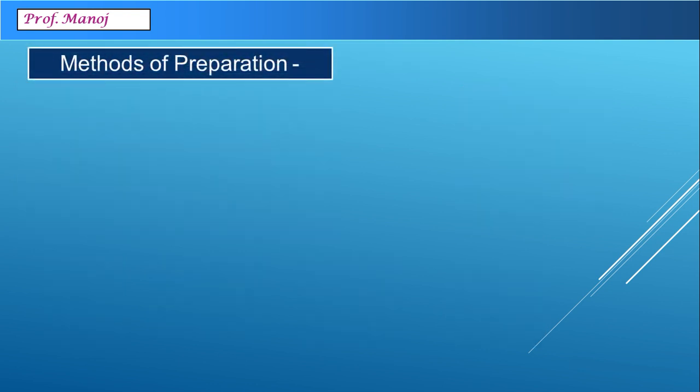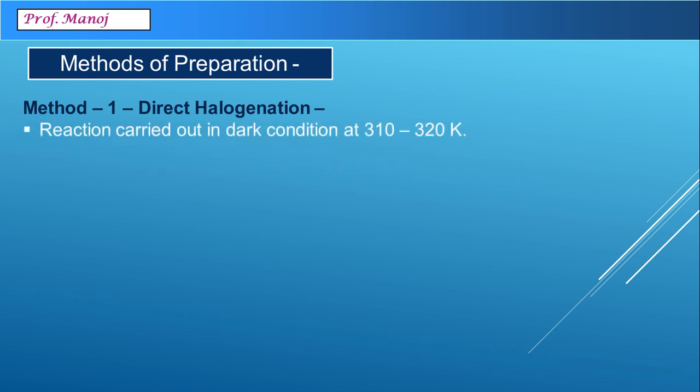We will see now the methods of preparation of haloarenes, and in particular we are going to study only monohalogen arenes. The first method is direct halogenation. This was covered under the 11th standard syllabus. It is almost everything repeated. First, this reaction needs to be carried out in dark condition and at a comparatively low temperature.